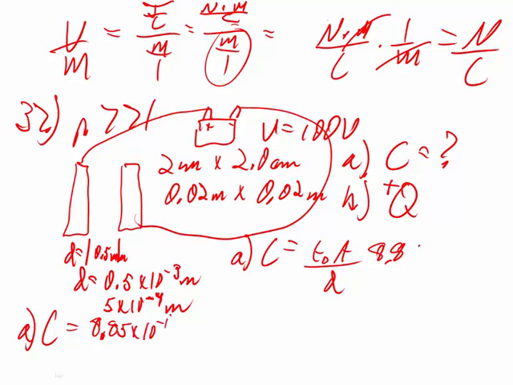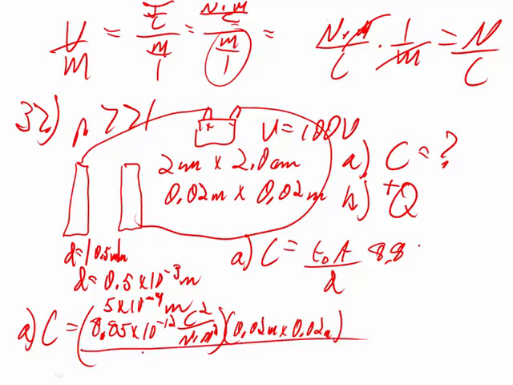Times 10 to the negative 12th, and those units are coulombs squared per Newton meters squared, times the area, which is 0.02 meters times 0.02 meters, and then divided by the distance. Let's just use 5 times 10 to the negative 4th, or you could say 0.5 times 10 to the negative 3rd, either one, meters.